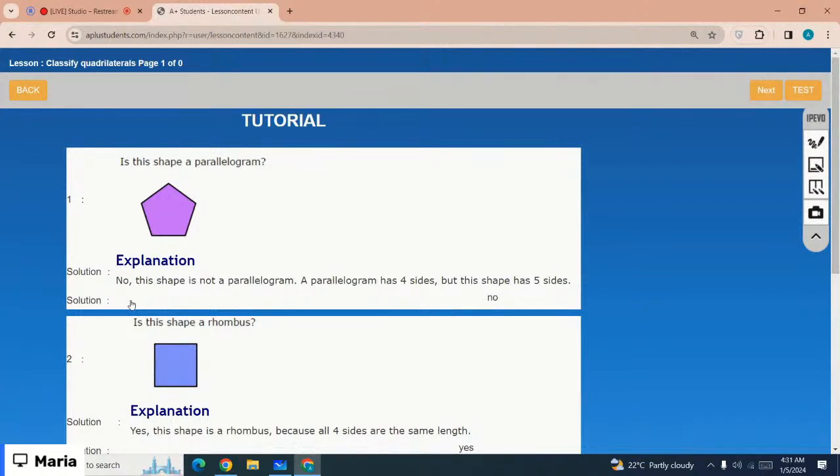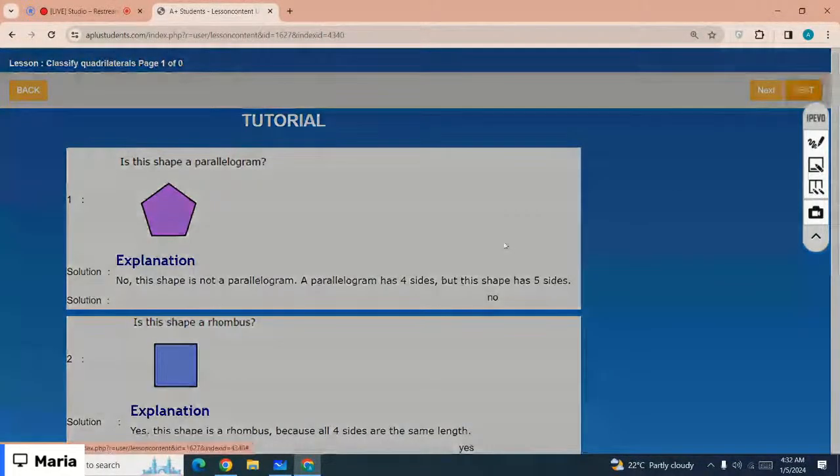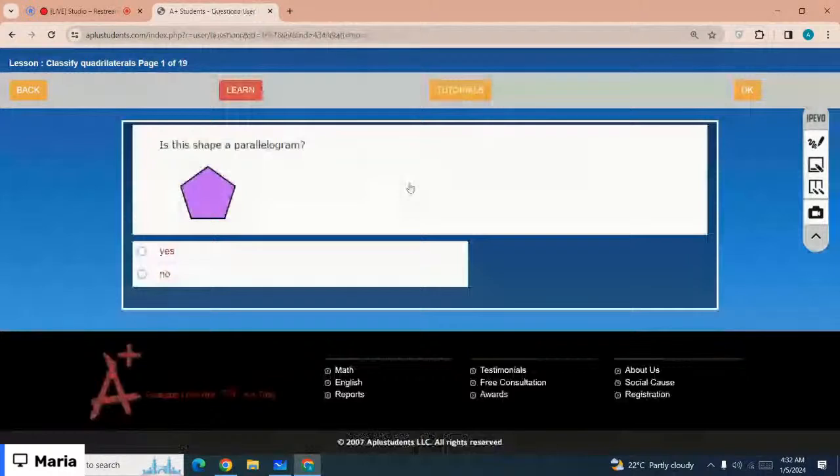Is this shape a parallelogram? No, that isn't a parallelogram, right? Let's just start with the test questions. Is this shape a parallelogram?